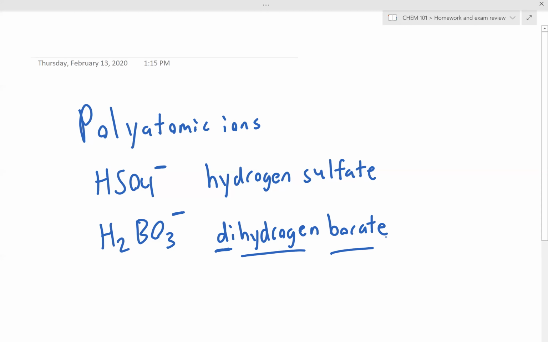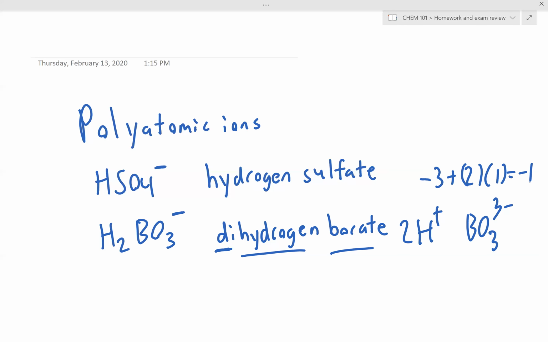One thing to keep in mind, if we think about borate, BO3 3- and H+, if we have two hydrogens associated, our total charge is -3 plus 2 times 1, which is -1. Each time you add a hydrogen, your charge increases and becomes more positive by 1 unit. Does that make sense? Okay, yes.